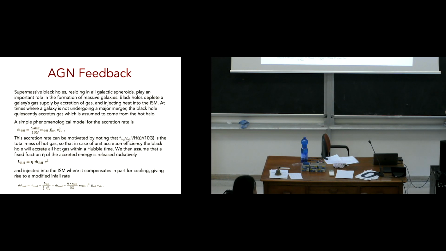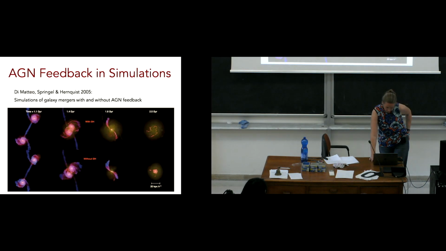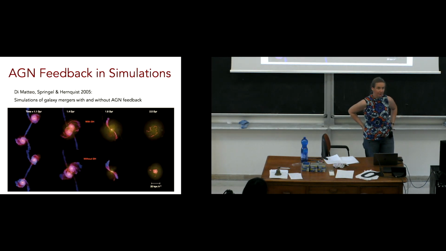And this luminosity then in turn basically couples back to the gas and shuts down cooling. Which means then afterwards we also reduce our infall rate simply because of this regulation. And this was first put into simulations in 2005 with dramatic effects.